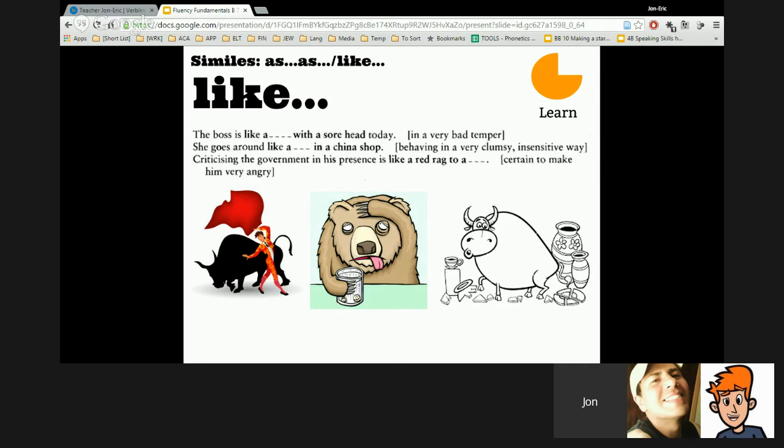Exactly. So when you wave the red flag, the bull comes charging. I said flag, I'm sorry, red rag. When you wave the red rag, the bull comes running at you. Criticizing the government to him is like waving the red rag. It forces him to get angry and to attack.